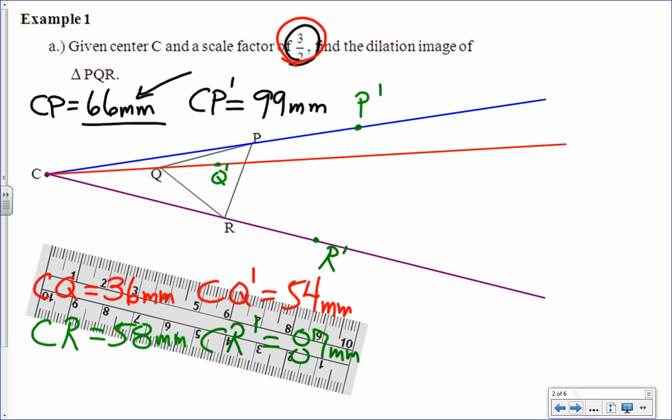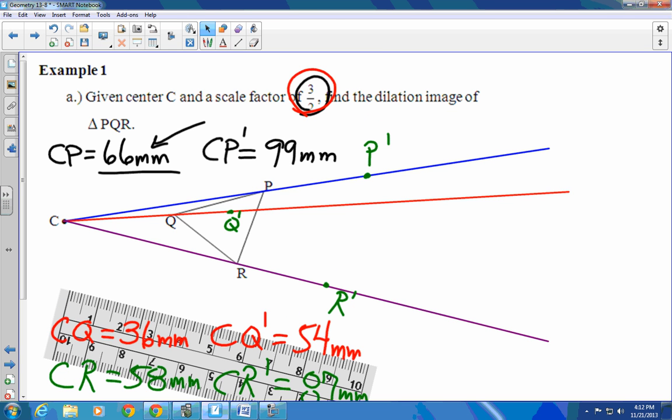And now what we would need to do is connect those points to see our triangle, and then we will see what we think. That looks pretty good. Looks a lot like the beginning one. It is very similar to the beginning one. So believe it or not, the angle measures will be preserved.